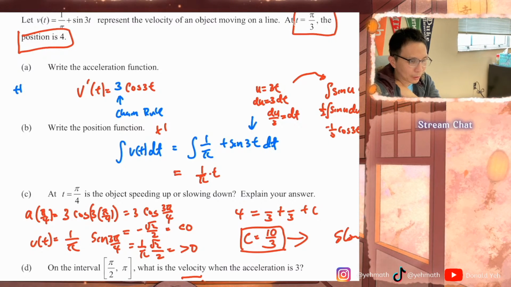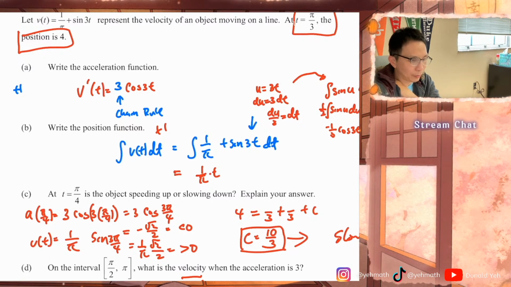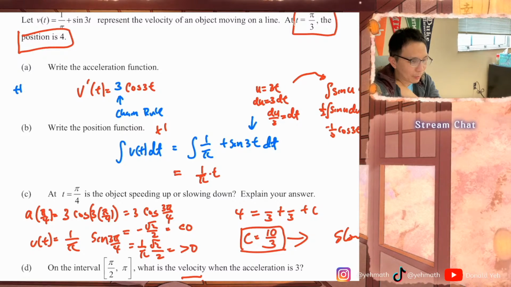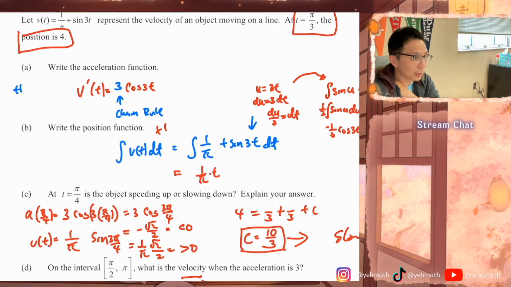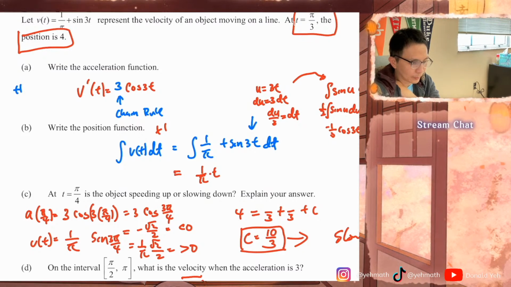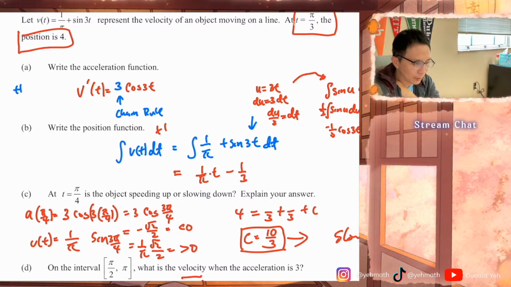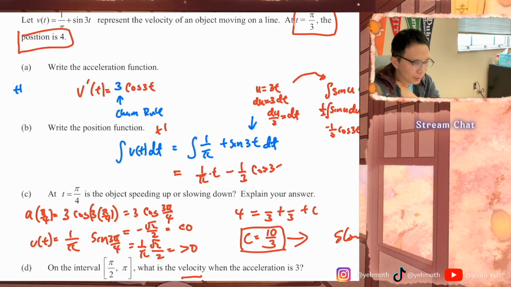So then I'm going to do the integration of sine u du over 3. I take the 3 outside, and I integrate that. So it's going to be negative 1/3 cosine of 3t plus c.